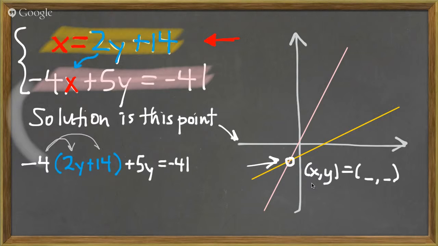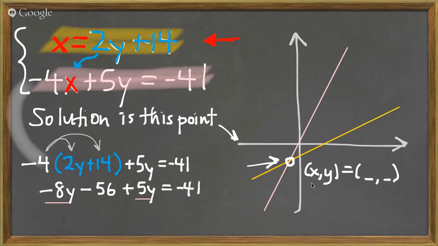If I want to solve this equation for y, for example, then I should probably distribute this negative 4 and get negative 8y plus negative 4 times 14, that's negative 56, plus 5y equals negative 41. I can solve this equation by combining the pair of like terms, negative 8y plus 5y, that I have on the left-hand side here to give me negative 3y.